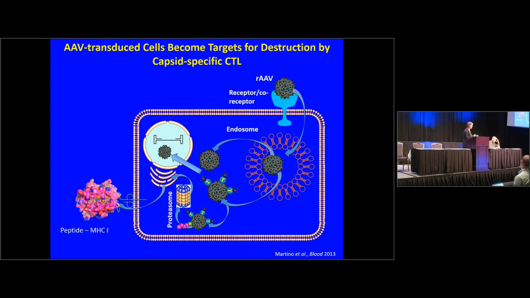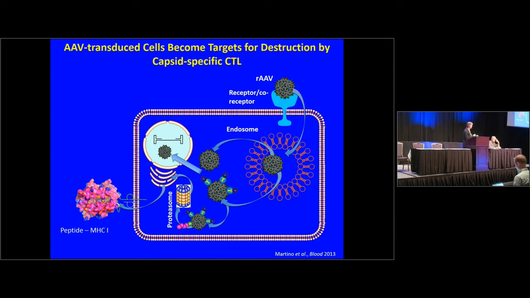During that process, some of the AAV capsid is phosphorylated, and that serves as a signal for ubiquitination, which targets those capsids for degradation by the proteasome, and proteasomal degradation will lead to MHC class I presentation of capsid-derived peptides on the cell surface. Now this cell becomes basically flagged for potentially being attacked by a CD8 cell that's specific to capsid.